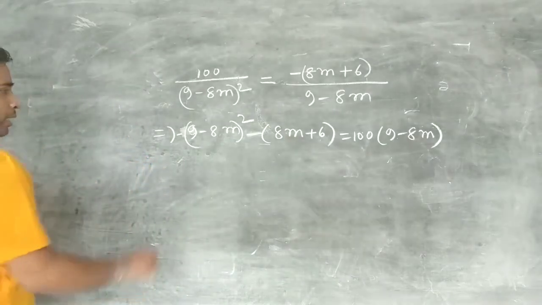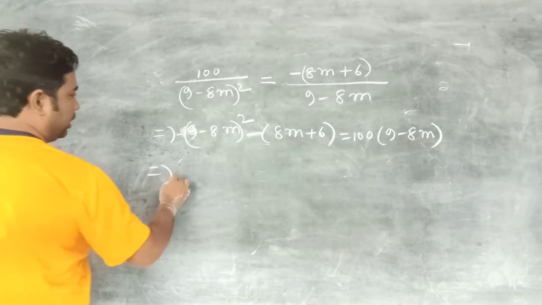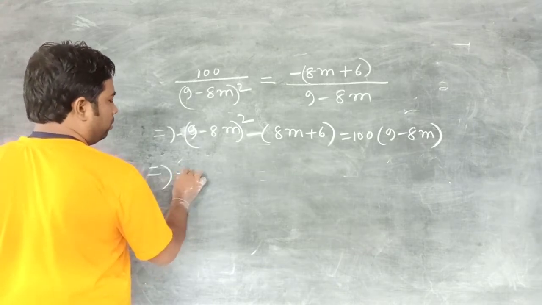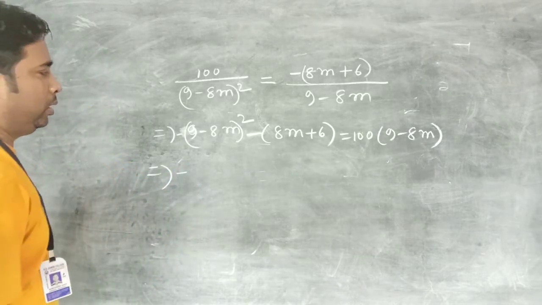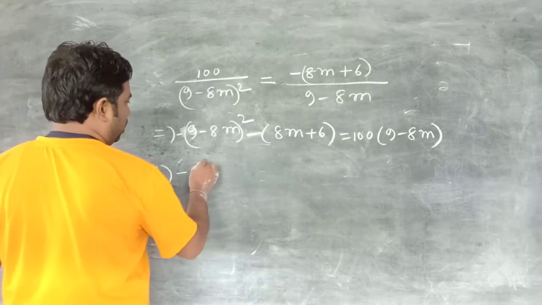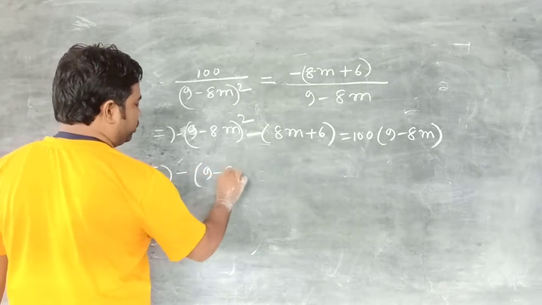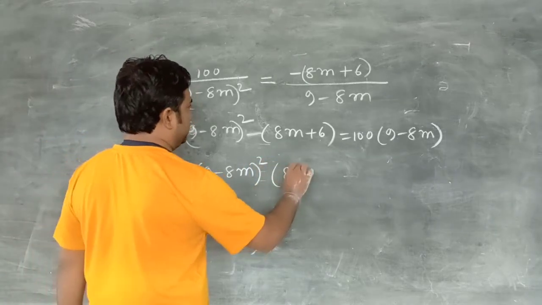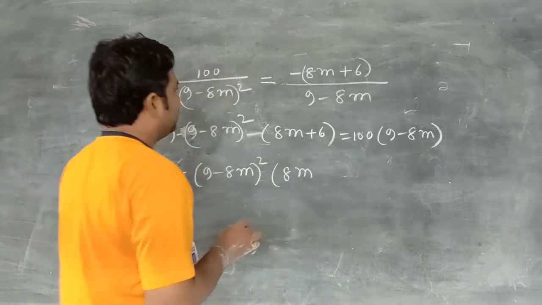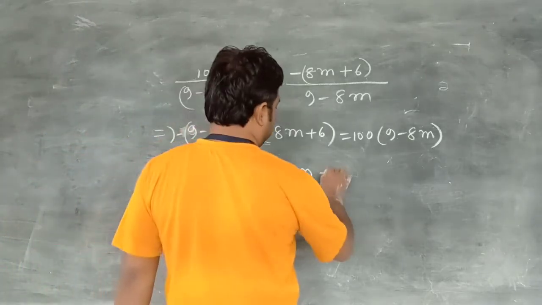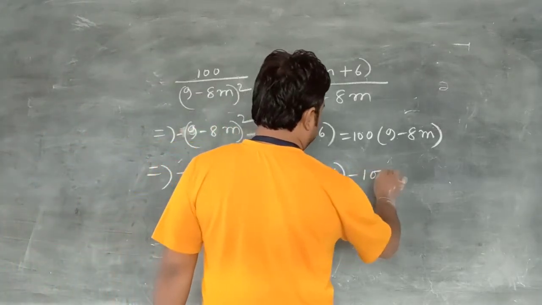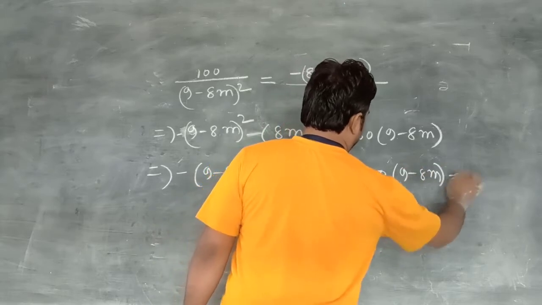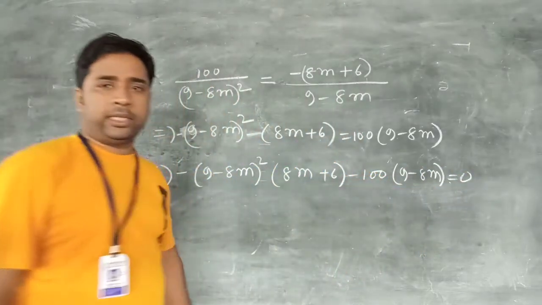So what shall we get here? This is minus 9 minus 8m whole square, 8m plus 6, and if it is shifted, it is 100 into 9 minus 8m. Okay, now as usual, let us take 9 minus 8m common.